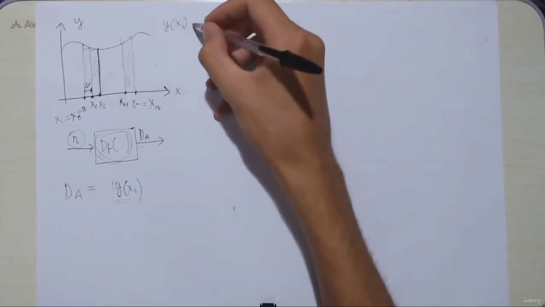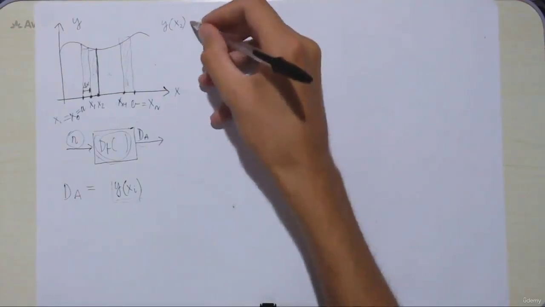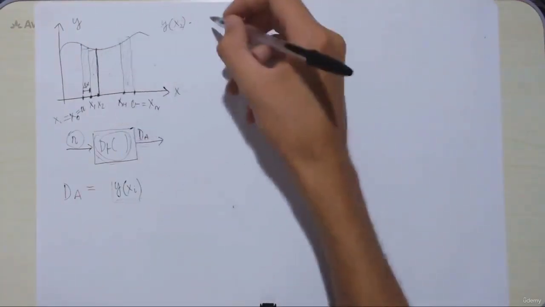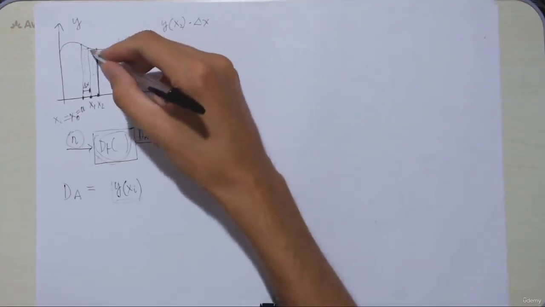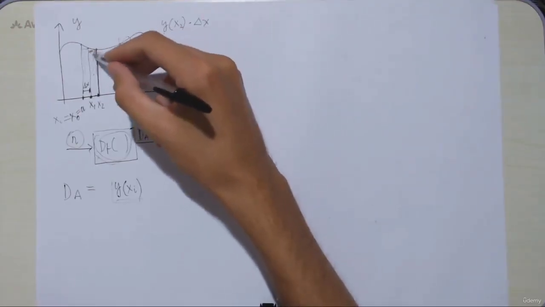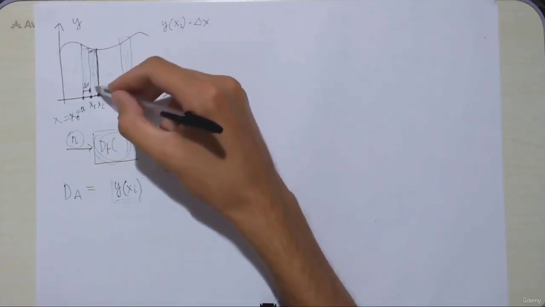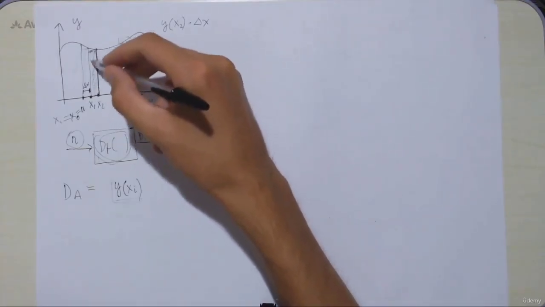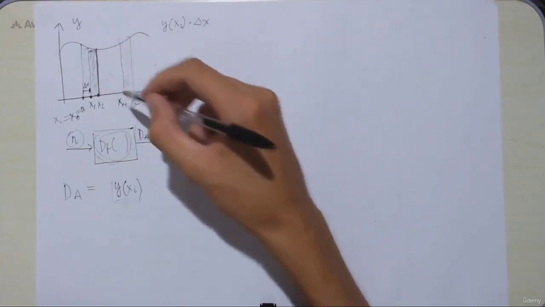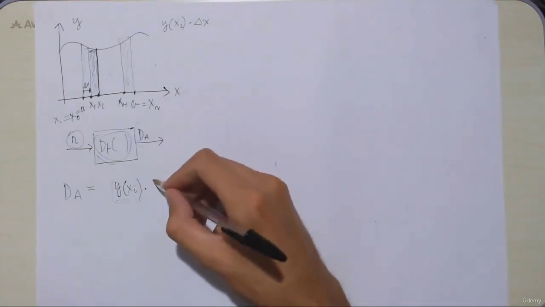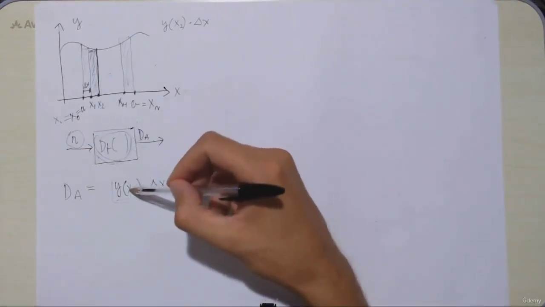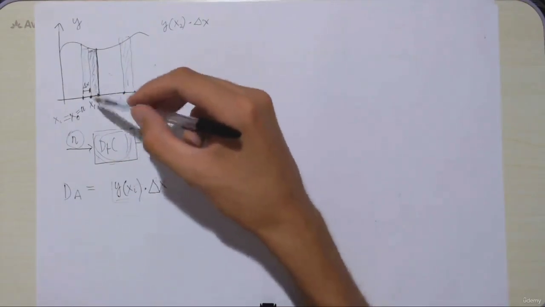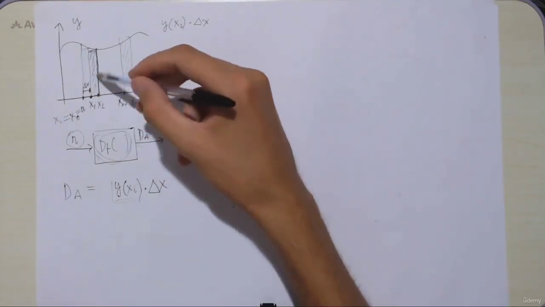Now, if I multiply that height by delta x, then I will get the area of this little rectangle. So if I put delta x here, then whatever x I put inside the parenthesis, I would get the area of that rectangle.